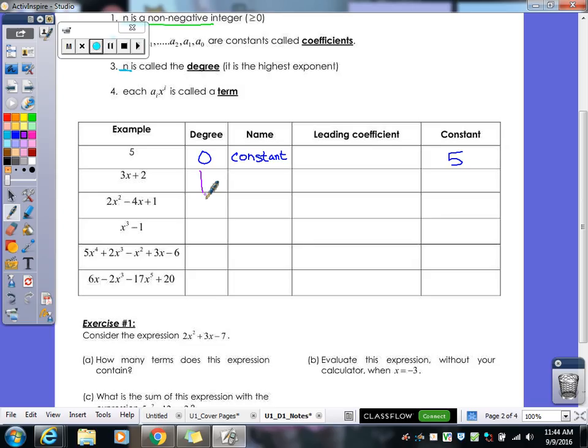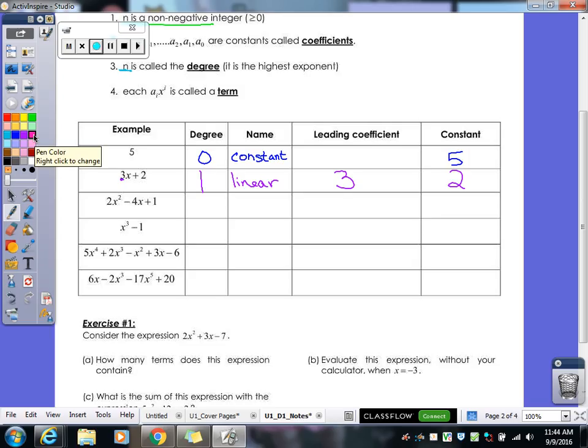So if it's a first degree, we call that a linear. As I mentioned last time, we're not really going to do too much with linear. You guys did a lot with linear so far. Our leading coefficient, you just look at your first term, whatever that coefficient is, that's your leading coefficient. So our leading coefficient here is a 3. Our constant term is the 2. Whatever number's there without a variable, that's your constant.